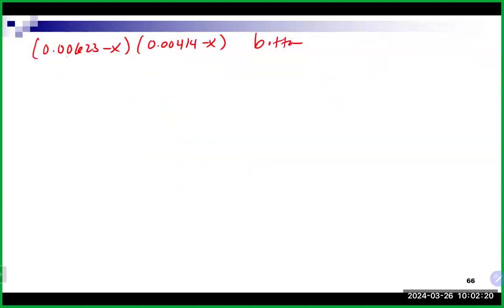All right, so again, we're going to go in and out here. And if we start that, we will end up with 0.00623 times 0.00414, which gives us 2.579 times 10 to the minus 5, minus 0.00623x, minus 0.00414x, plus an x squared.